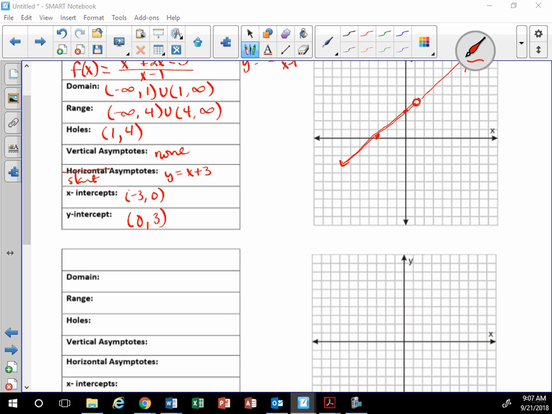All right, how about y equals, or f of x equals, 5x plus 1 over x squared minus 1. Try this one for me, guys.